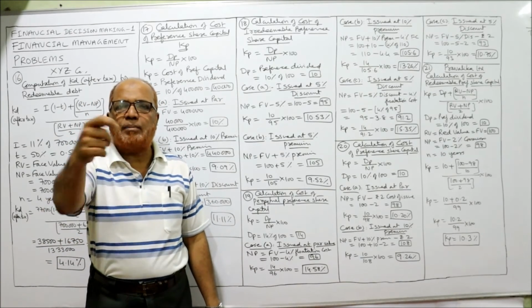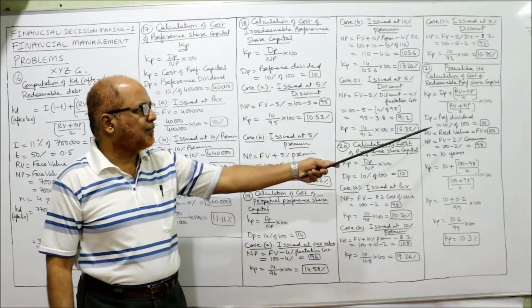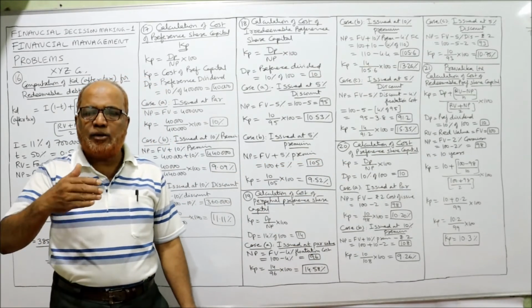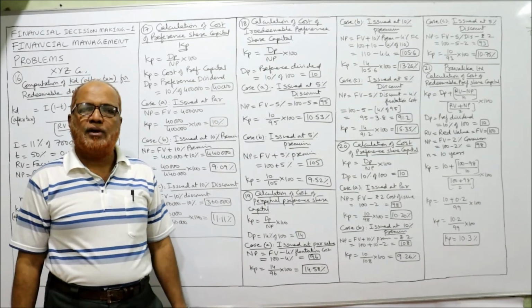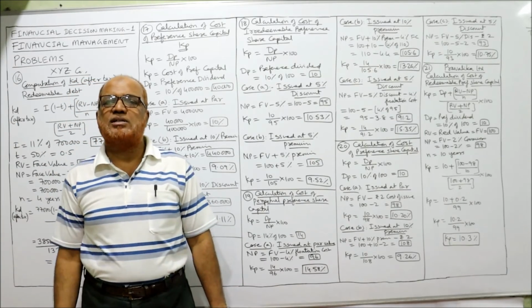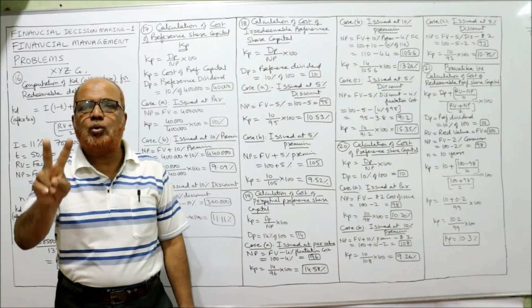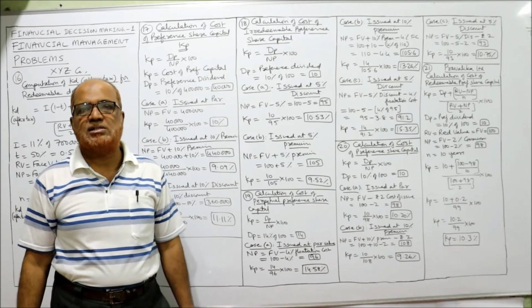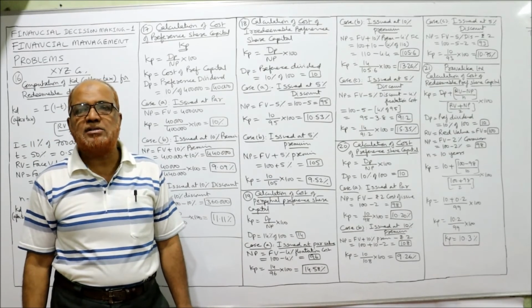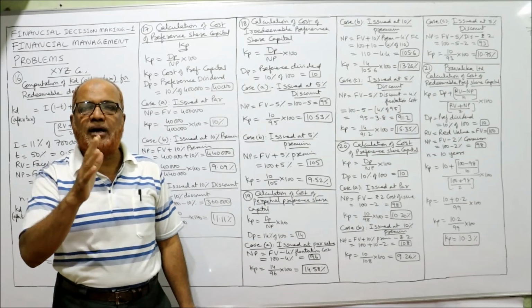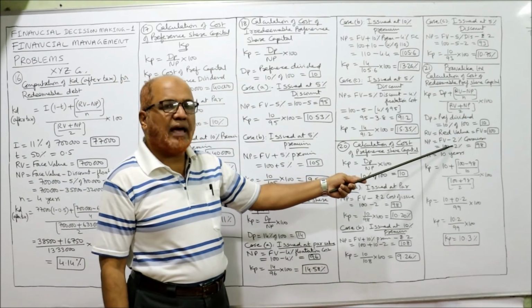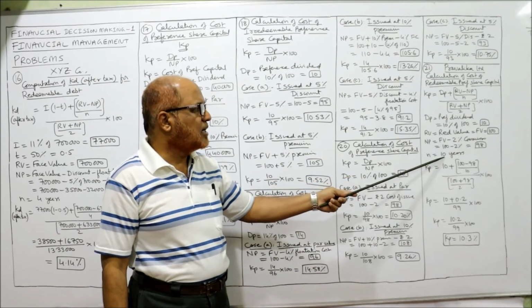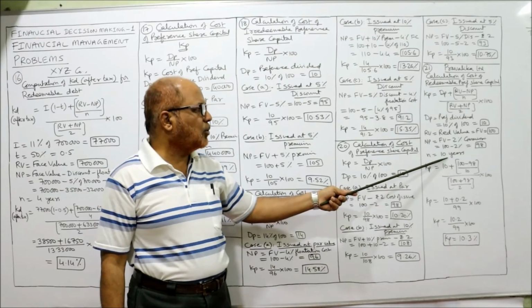The company will return 100 rupees to the preference shareholder. Then NP, net proceeds on issue. When the company issues the preference shares, the face value is 100 rupees, but there is a 2% flotation cost. So 100 into 2% is 2 rupees. So 100 minus 2, 98. 98 is the net proceeds. N is equal to 10 years, the period to redemption.